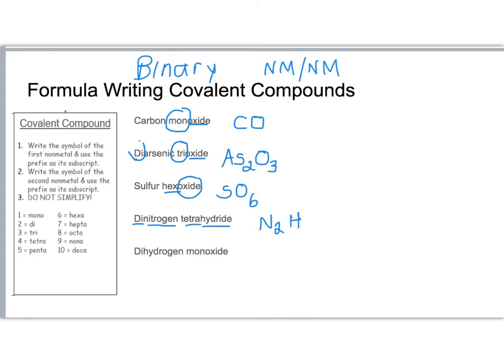And tetra means 4. And lastly, dihydrogen. So hydrogen is H, di is 2. And we have oxide again, oxygen, as our second nonmetal. Mono means 1. And hopefully you recognize that H2O is water. So the official name for water is dihydrogen monoxide. Notice that we are not going to simplify any of these subscripts in the chemical formula.